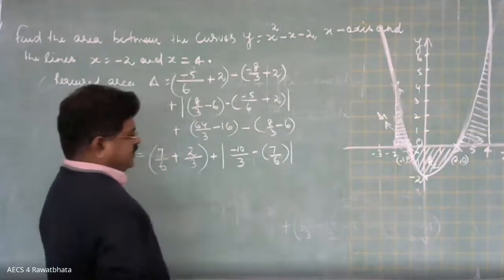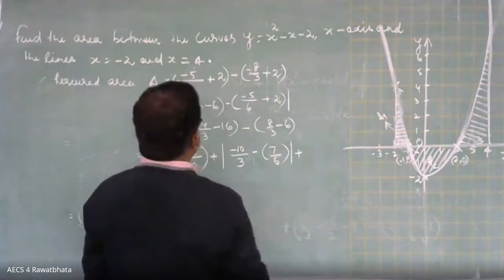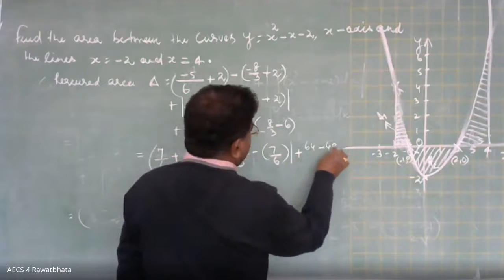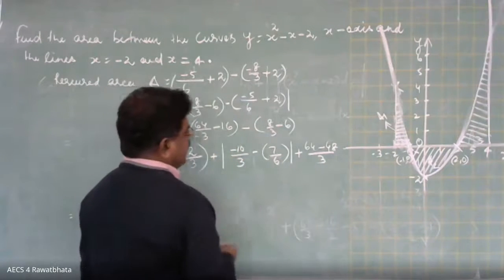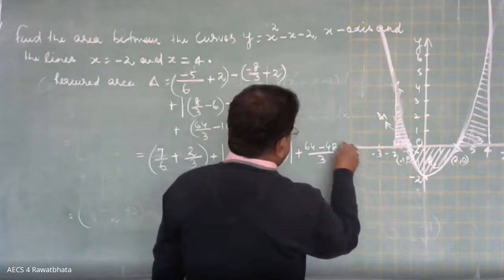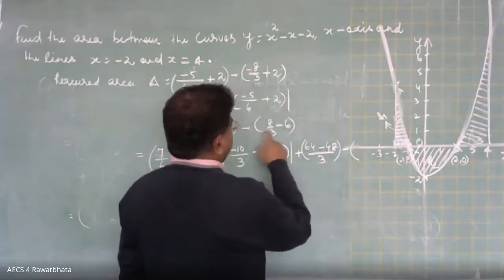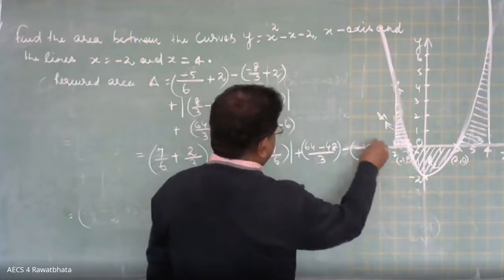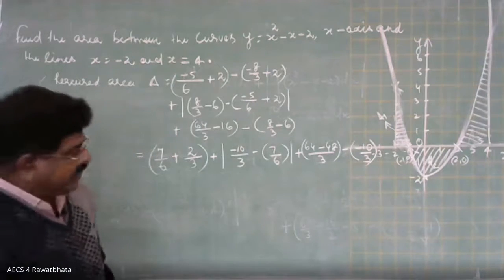Close the bracket, modulus. And plus 64 minus 48 upon 3 minus of 18 minus of minus 10 by 3.